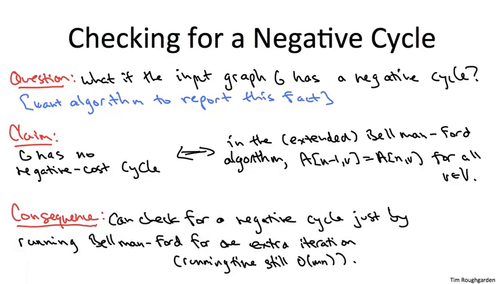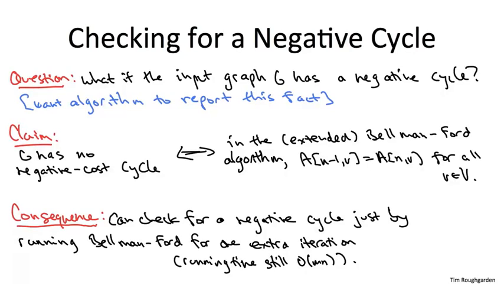So I'm lying a little bit in this claim. There's an edge case I'm not handling properly. When I wrote down the claim, I was thinking about arguably the common case of input graphs G where there exists a path from S to every other destination v. That is, input graphs where all of the shortest path distances are finite. If that's not the case, then the claim as stated is not correct.